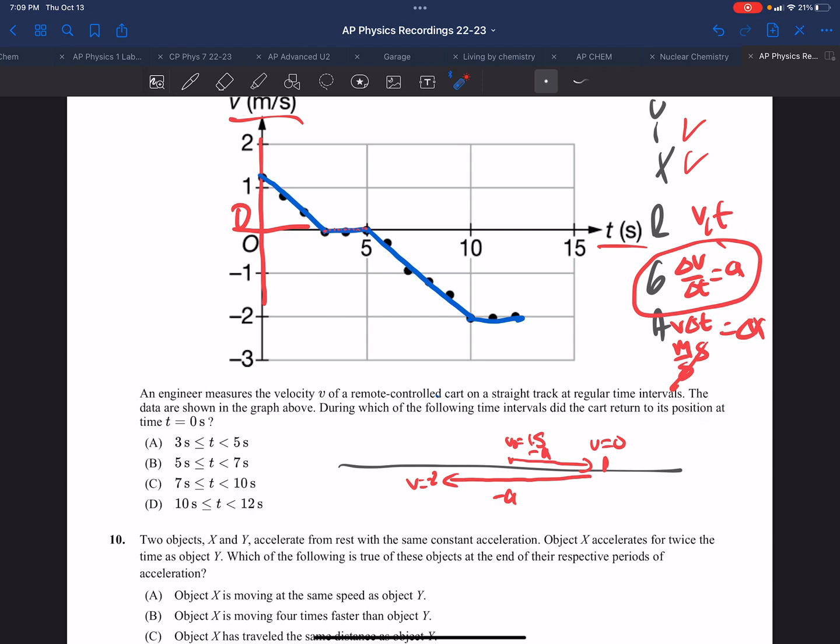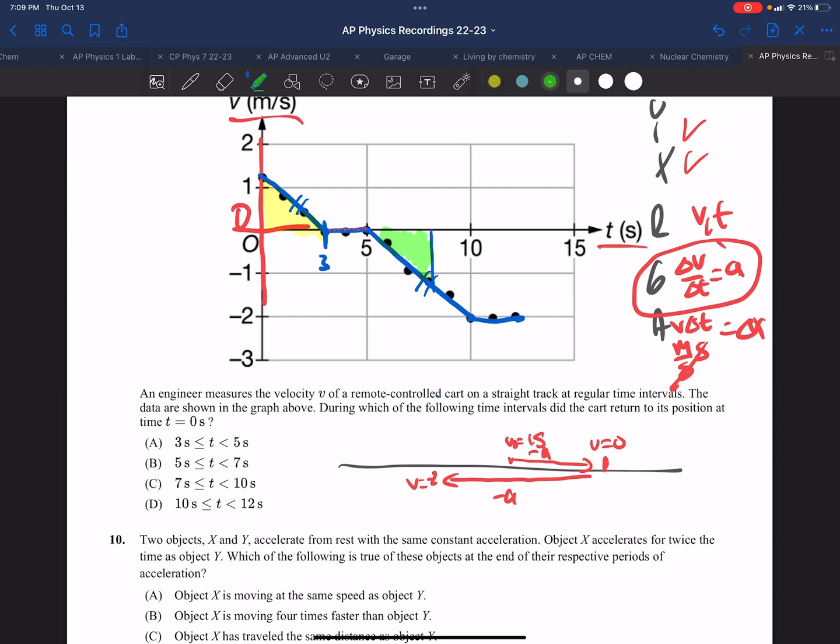Well, if it returns to its position, that's about displacement. So if we look at the displacement here, we might estimate this to be about 3 seconds, and that's 1.25. And these two lines look like they're parallel to each other, the same slope. So it should stand to reason that if we go another 3 seconds from here, about 8 seconds, that would give us a negative area equal to the other area.